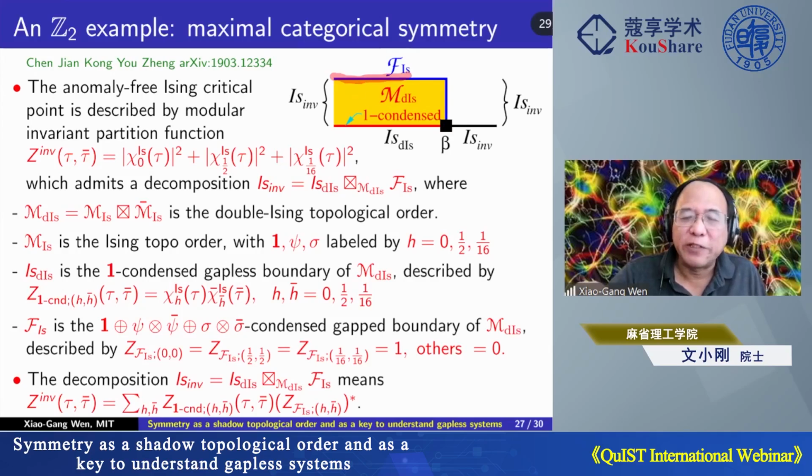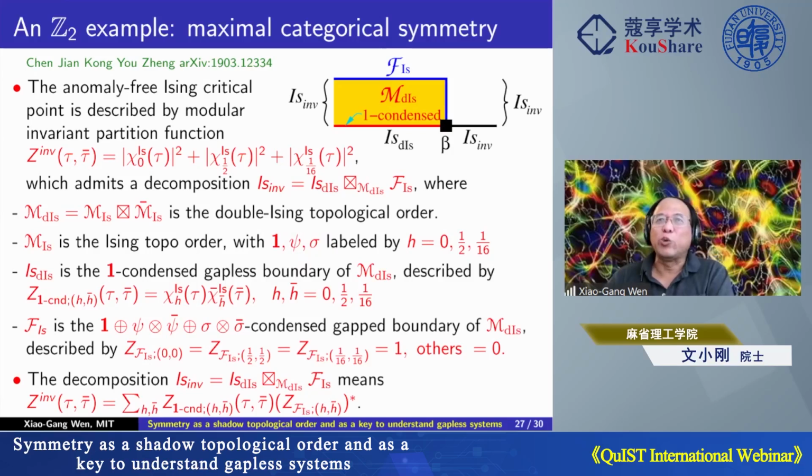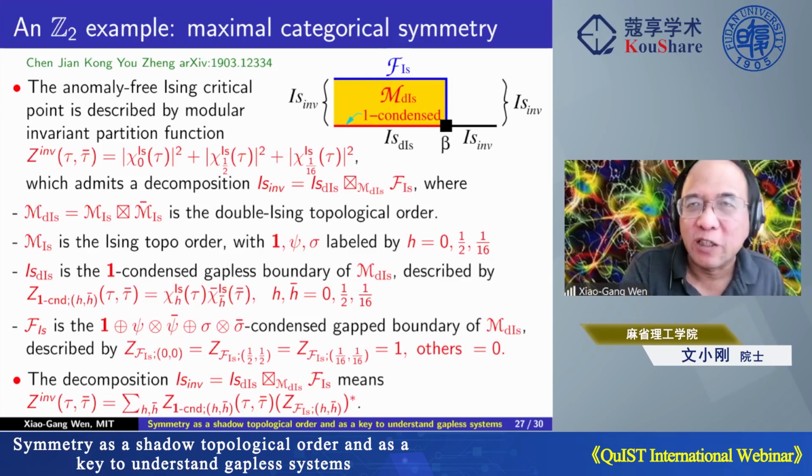This gapped boundary for the double Ising model is a fusion category containing these three excitations, and this fusion category is not local. So this gapped boundary does not correspond to any anomaly-free symmetry. Therefore, for the maximum categorical symmetry of the Ising critical point, there is no corresponding anomaly-free emergent symmetry.